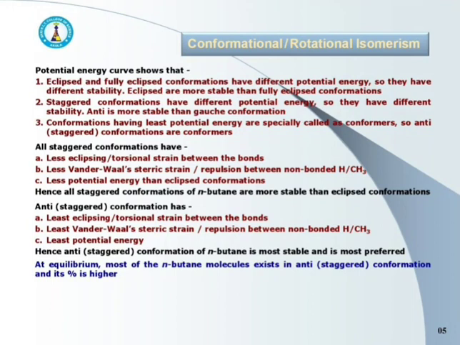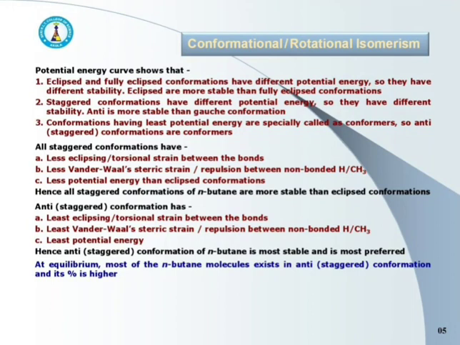Anti-conformation again has least potential energy. I am repeating, anti-conformation has least eclipsing or torsional strain. It has least van der Waals steric strain, and also it has least potential energy.